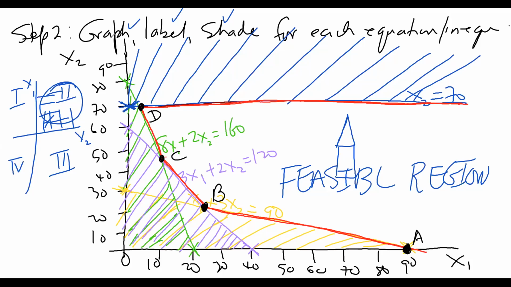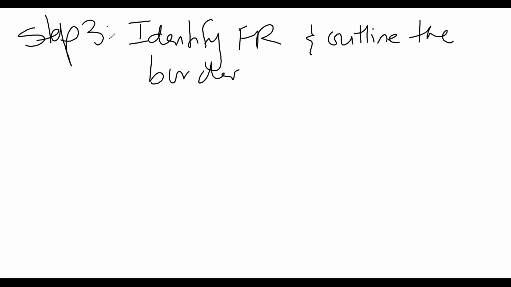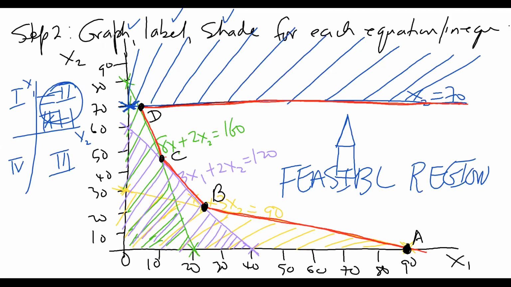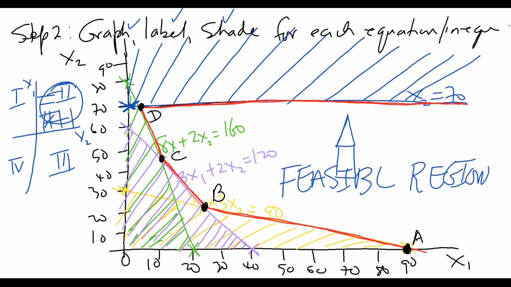After your graph label shade, step 3 is to identify the feasible region and outline the borders of the feasible region. So we did that. We graph label shade, then we identify the feasible region, and we outline the borders of the feasible region.